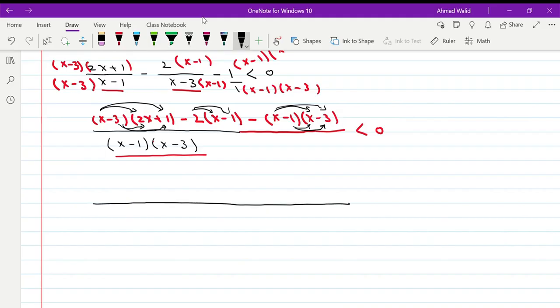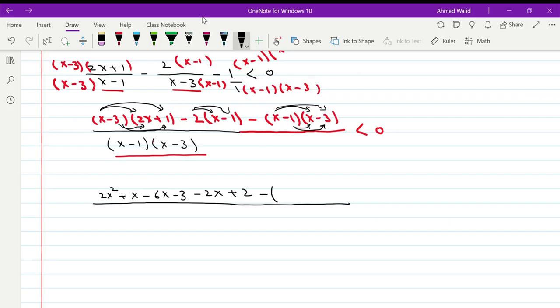X times 2x gives you 2x squared. X times 1 gives you x. Negative 3 times 2x gives you negative 6x. Negative 3 times 1 gives you negative 3. Here, negative 2 times x gives you negative 2x. And negative 2 times negative 1 gives you positive 2. Here, be careful. You have another negative outside. Keep that negative.